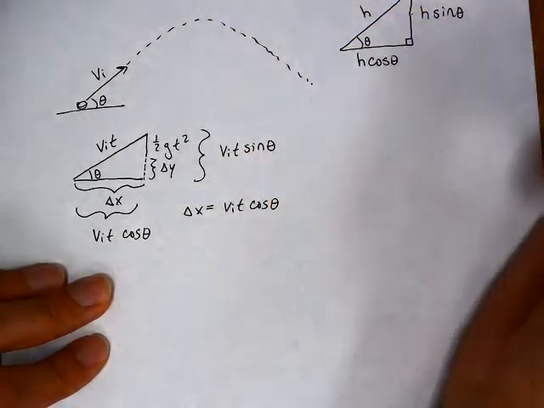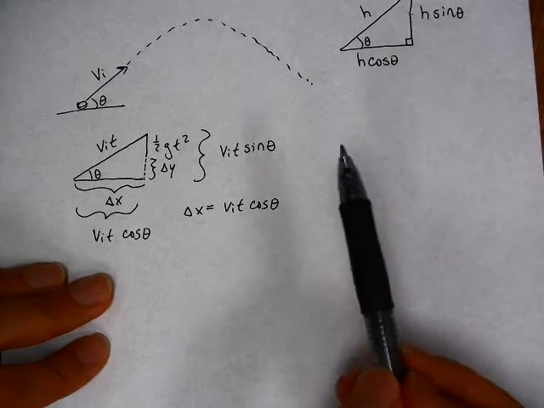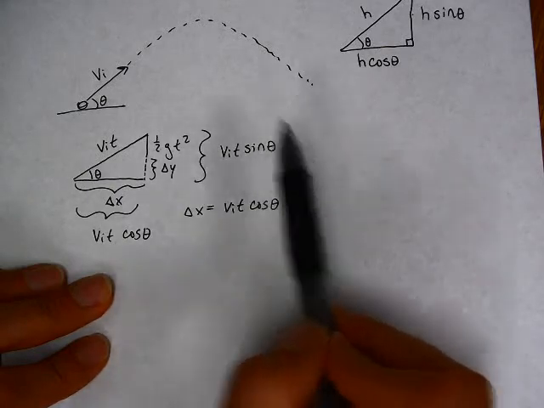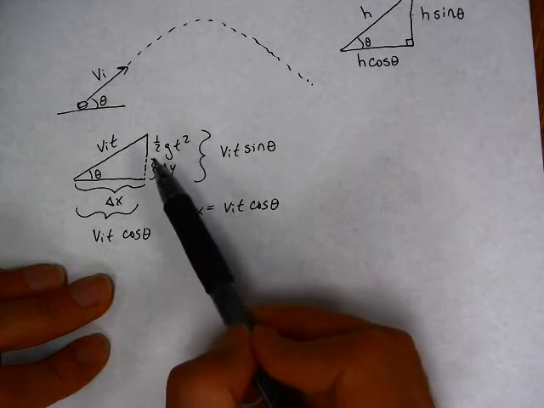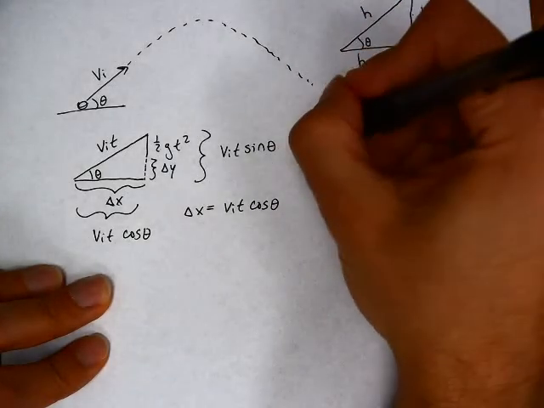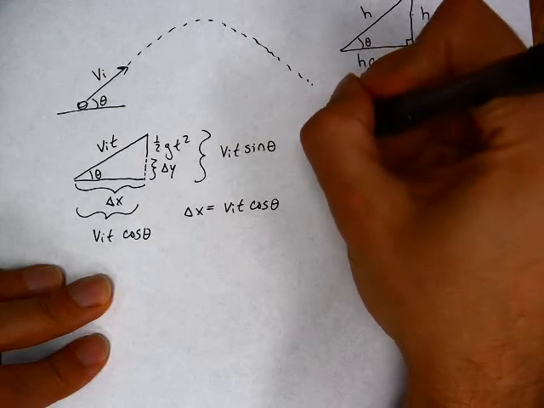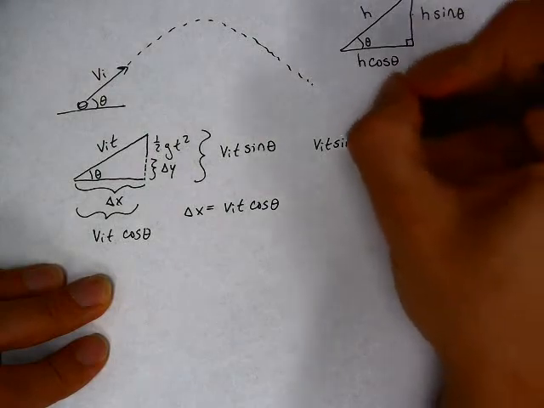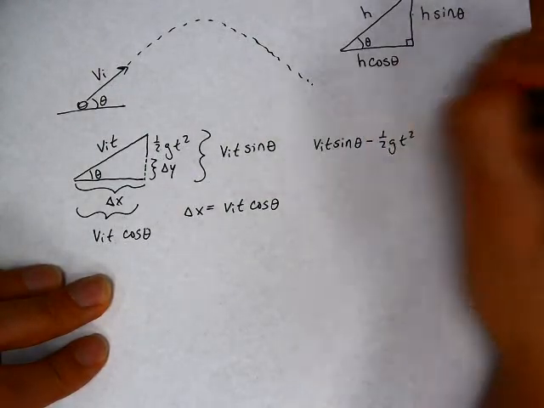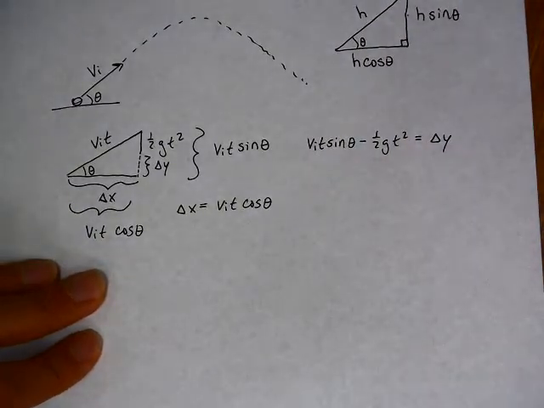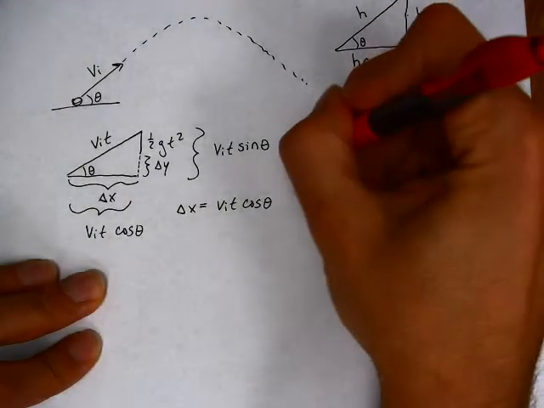And the way that I like to write this is this, the entire distance, if you will, minus 1/2 GT squared equals delta y. So that would be VIT sine theta, the whole minus 1/2 GT squared equals delta y. These are important equations.